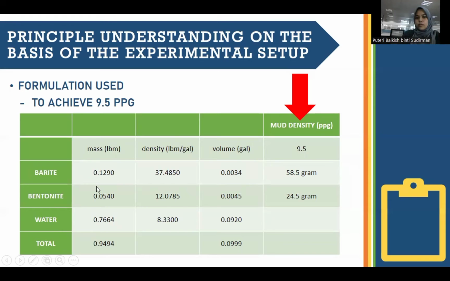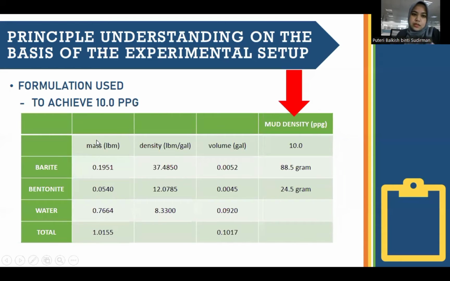For the volume, the barite will be 0.034 gallon, bentonite will be 0.045 gallon, water will be 0.092 gallon. Here the total will be 0.0999 gallon. So when the mud density is 9.5 ppg, the barite will be 58.5 gram and the bentonite will be 24.5 gram.